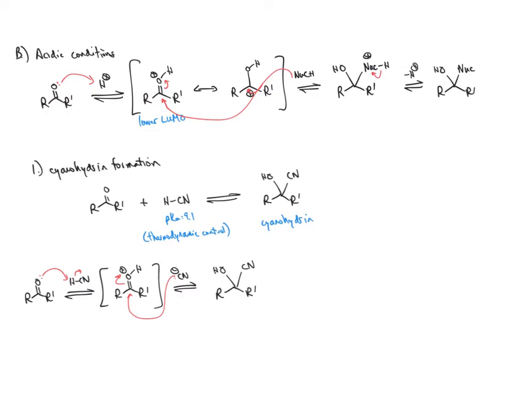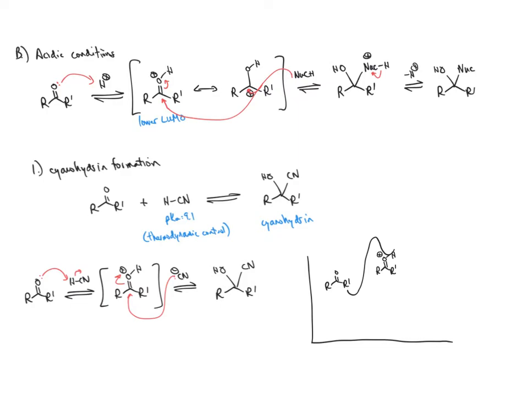Now this reaction is reversible. There's an equilibrium constant associated with it. And so let's take a look at the reaction coordinate diagram for this. We've got some carbonyl sitting maybe right here. We've got protonation of the carbonyl to give us this charged species.